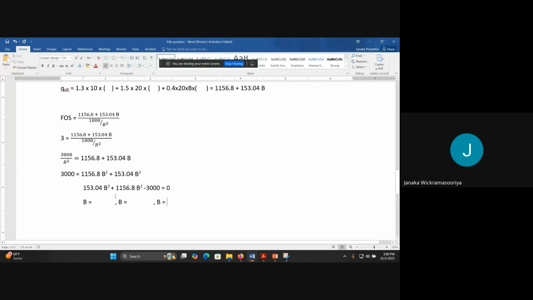To solve this cubic equation, you need a calculator. In the calculator, you can select mode, equations, and select this format and find b. I don't have a scientific calculator now.